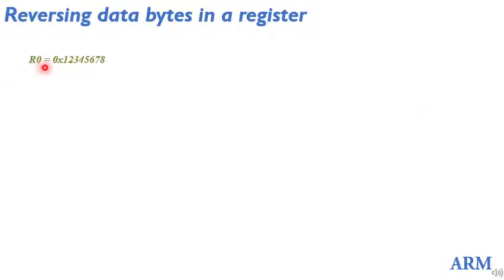So let R0 be equal to 0x12345678. I have just written the same eight-digit hex number by giving some space between the bytes. So 78 is the least significant byte, occupying bit number 0 to 7. What I have written here is the starting bit.